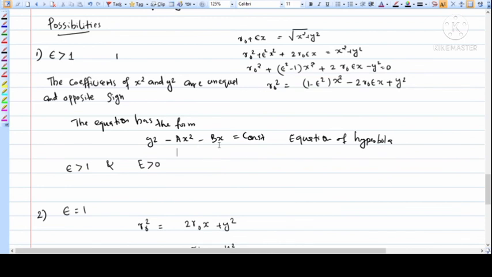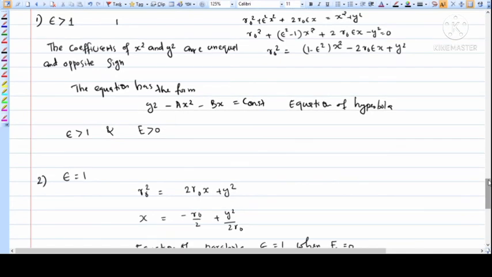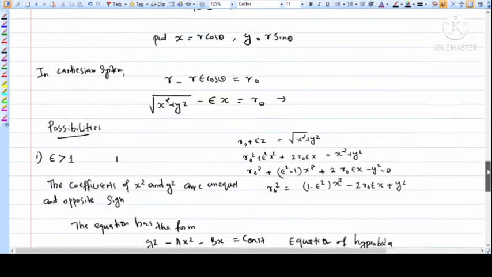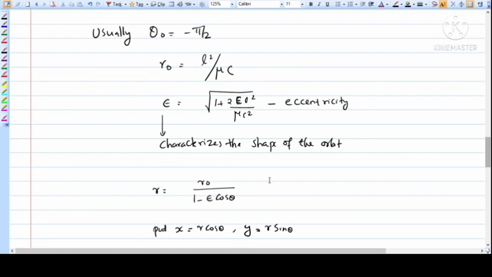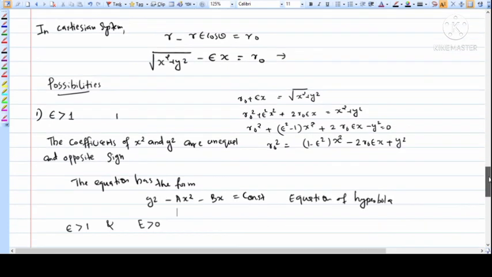This will become minus x square, some negative value into x square, plus this term will be plus y square. So the coefficients of x square and y square are unequal and of opposite sign. It will be minus x square and here it is plus y square. So they are of opposite sign and their coefficients are unequal.